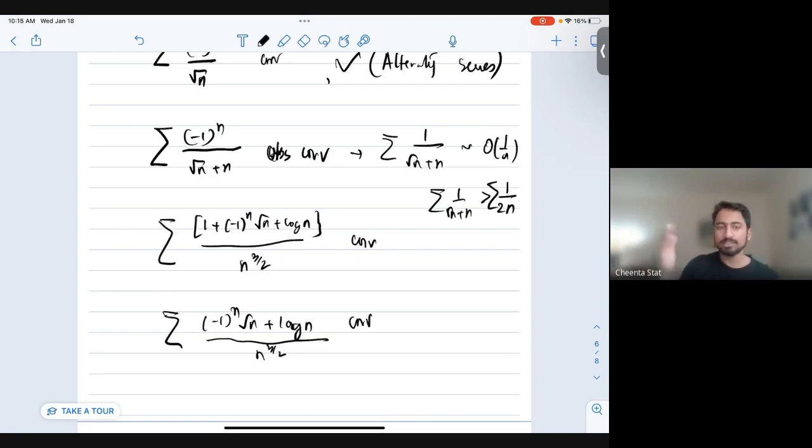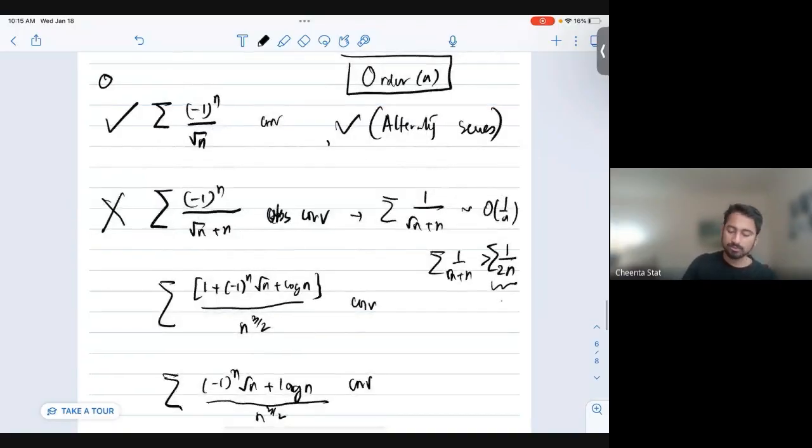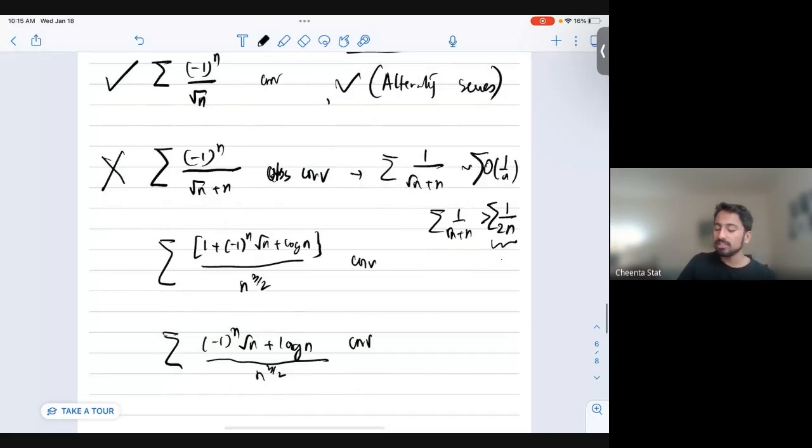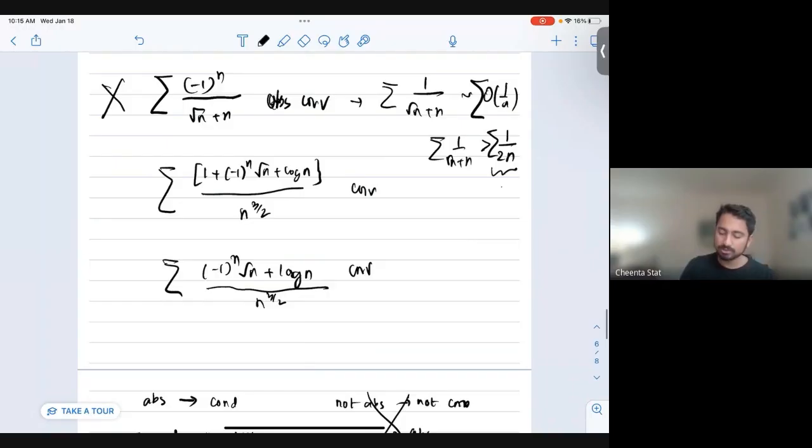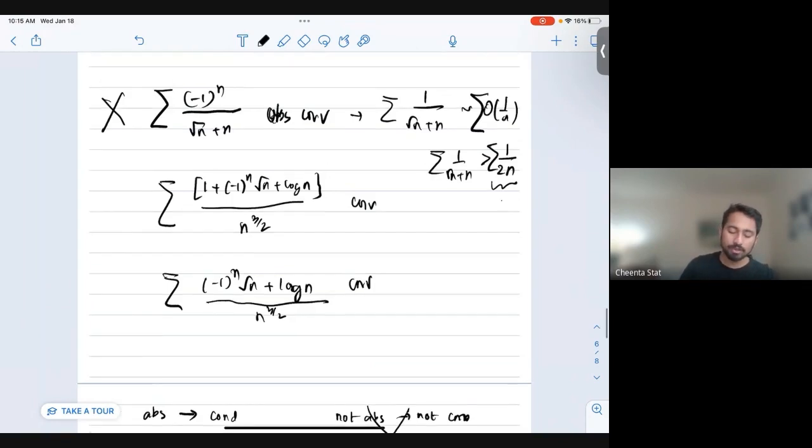So 2n is greater than or equal to root n plus n. Therefore, this is true, and this is non-convergent. Hence, this is not convergent. This is the order method, which is very important. It's done by this sandwich theorem idea.